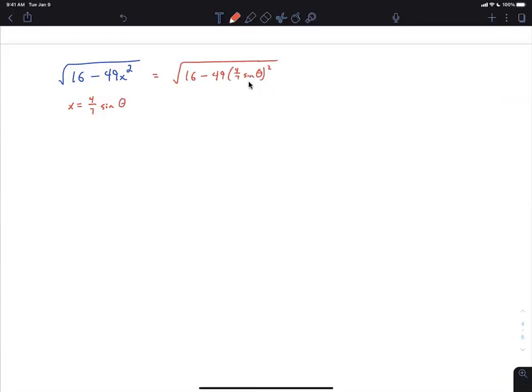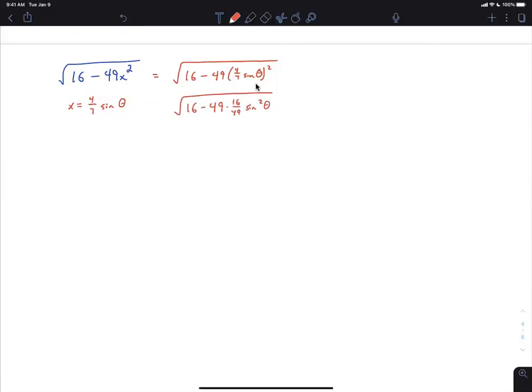If I square this, because it's all multiplication and division, I just square each part. So I get 16 minus 49 times 16 over 49 sine squared of theta.